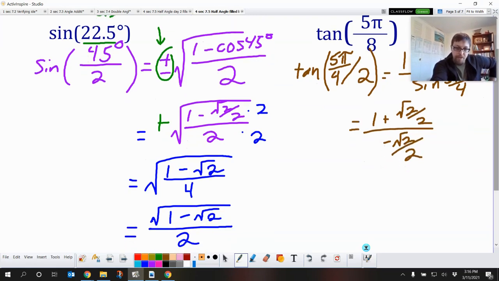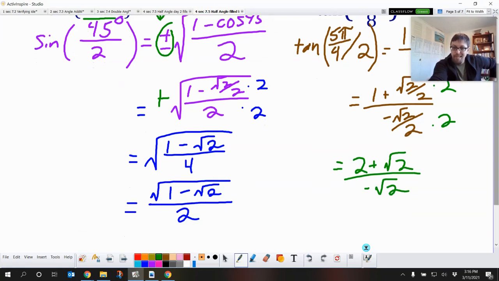All right, we've got our answer. All we need to do now is simplify it. I don't like those divide by 2's, so I'm going to multiply top and bottom by 2. So I get 2 plus the square root of 2 over the negative square root of 2. I don't like that square root of 2 in the denominator. I am going to deal with that. So I'm going to multiply top and bottom by the square root of 2.